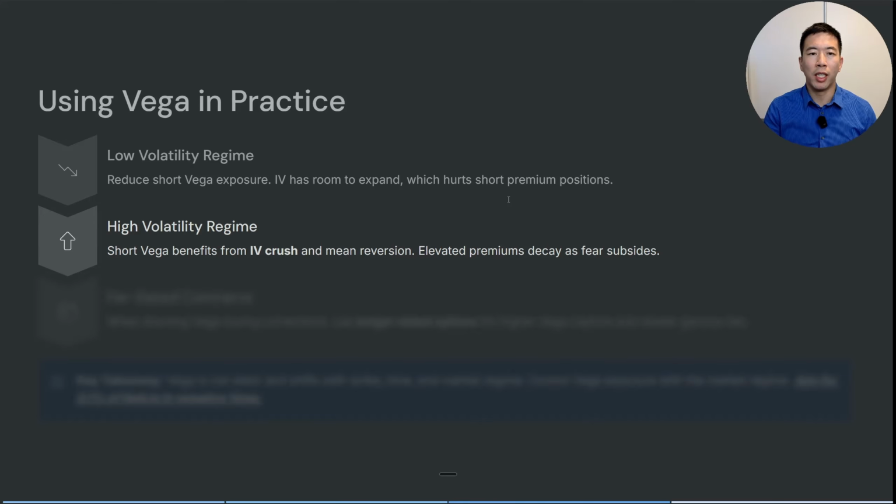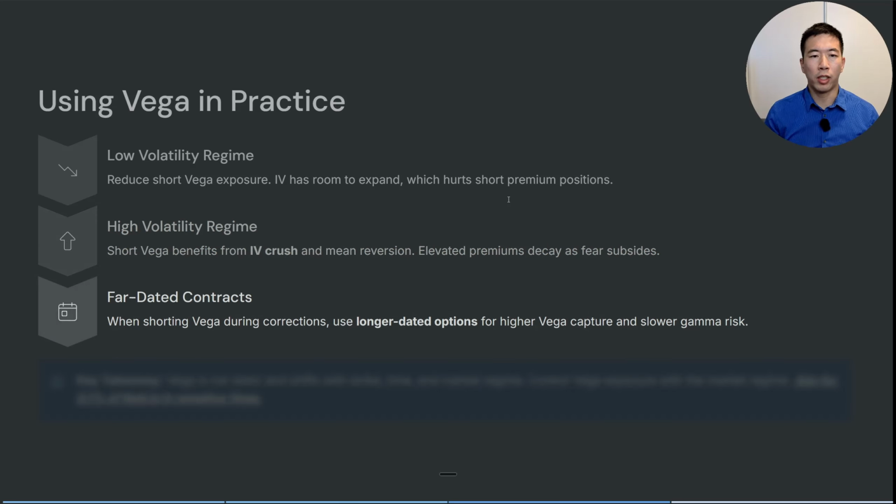We should be benefiting from this elevated IV because volatility always mean reverts back to normal after a while. Once the fear subsides, IV will drop quite fast. And because we are short Vega, that will help our positions and we can buy back our short options easily.